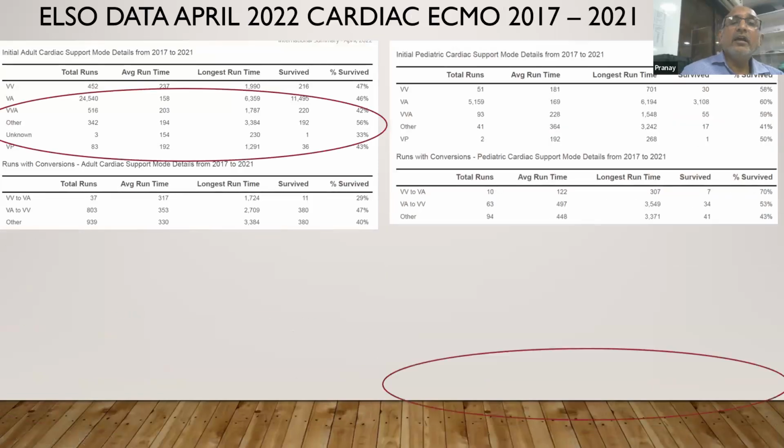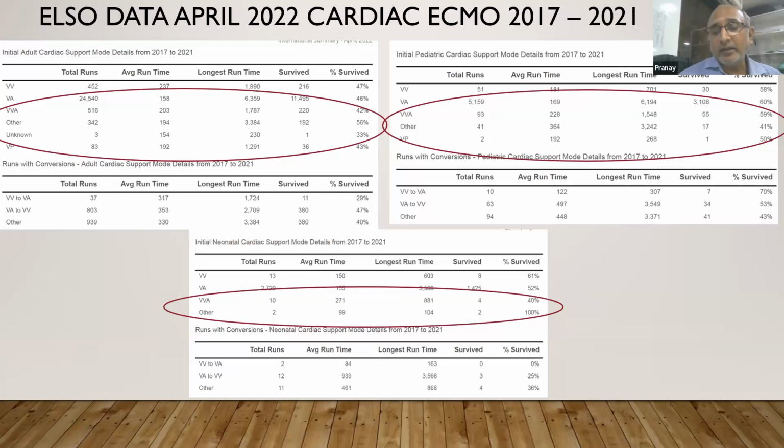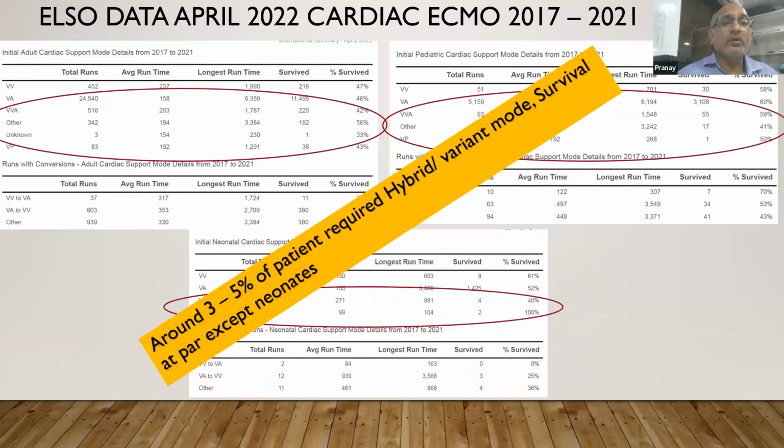When you see the ELSO data of VA ECMOs, pediatric, respiratory, and neonatal, adult, neonatal, and pediatrics, all the patients who require hybrid ECMO are 3 to 5% of the patients, and they have a better survival. The reason is that most of the time they require hybrid ECMO because the heart is improving, the lung is still not improving, like in case of Harlequin syndrome.